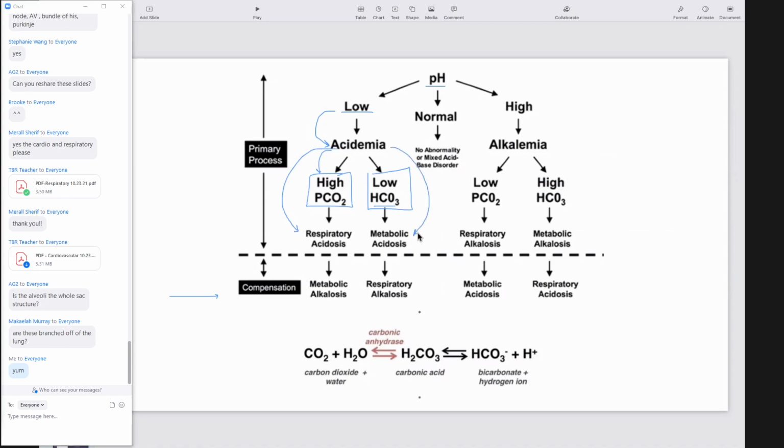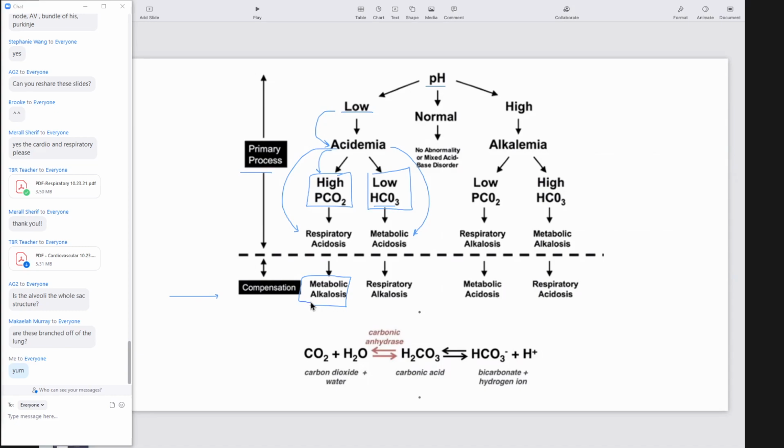And so your body can react to the primary process being the respiratory acidosis versus metabolic acidosis. So if we have a respiratory acidosis, meaning that we are retaining too much CO2 because we're hypoventilating, our body can create metabolic processes to create more base. So we can have compensation for respiratory acidosis by upregulating any metabolic acidosis.